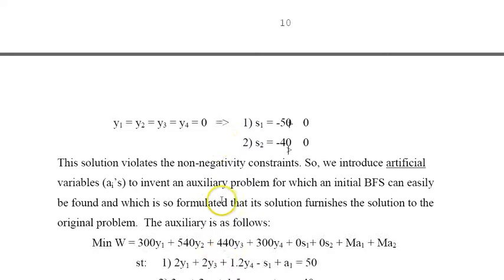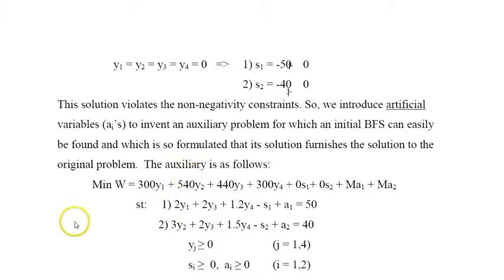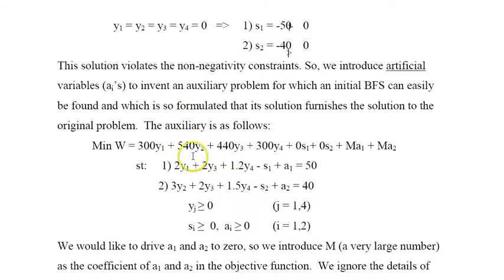I have a problem here. The way the simplex deals with a greater or equal constraint is to create an artificial, or auxiliary, variable. So I add an artificial variable A1, and for the second constraint another variable A2.